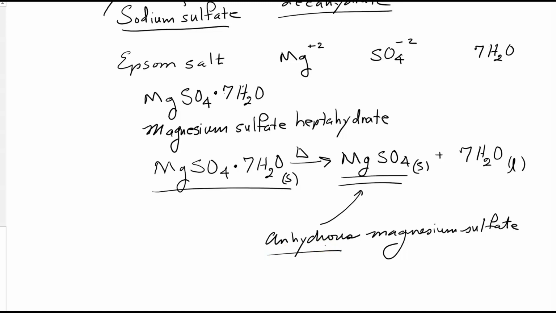Not all ionic compounds need to be expressed as anhydrous, but you may want to do so when the ionic compound has been undergoing a change from a hydrated form to the anhydrous form. So this, of course, is the hydrated form.